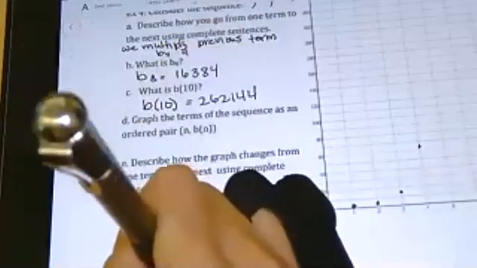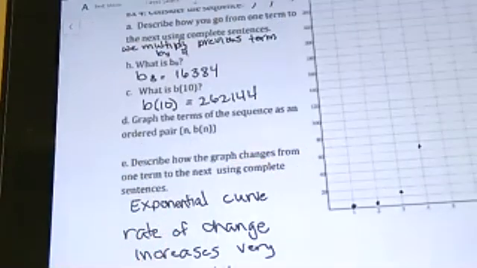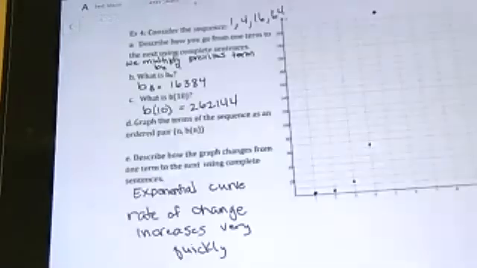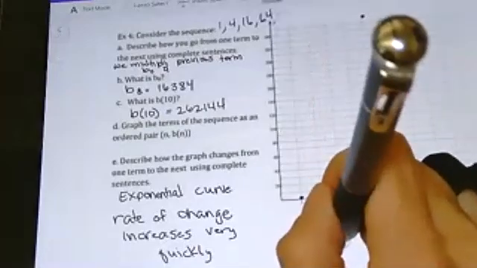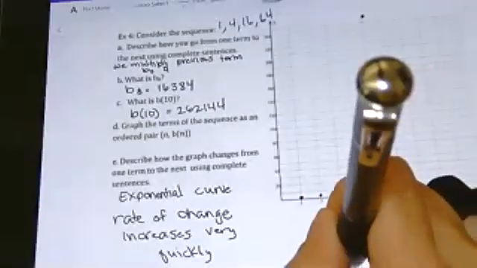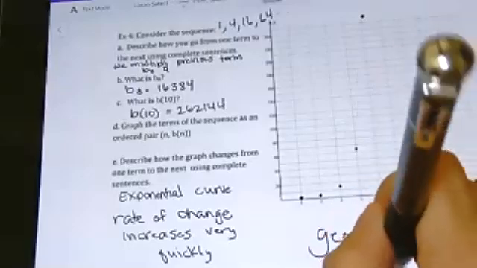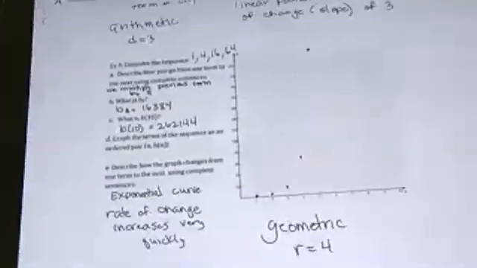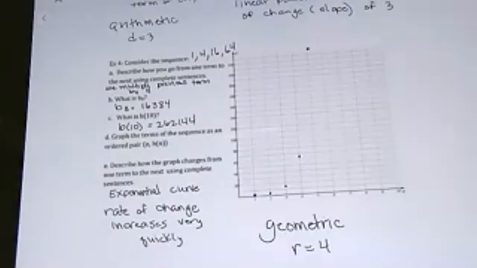And we don't even really call it slope because it's changing. We only call it slope when it's constant, when it doesn't change. Okay? But this one was geometric. It had a common ratio of 4. So just a reminder, that was a geometric sequence with a common ratio of 4.